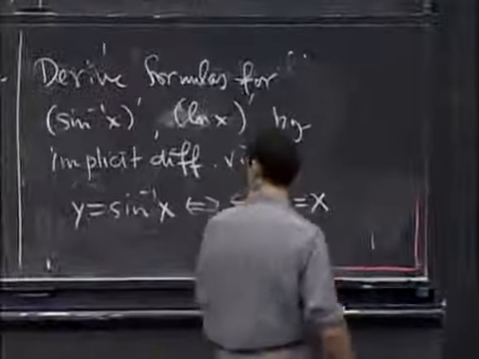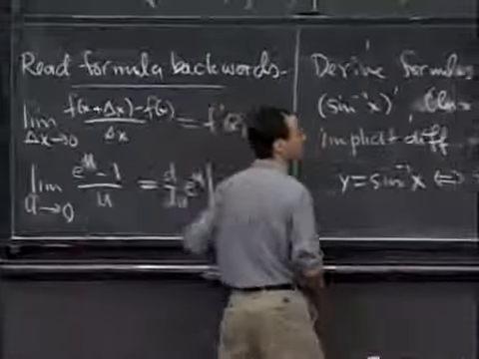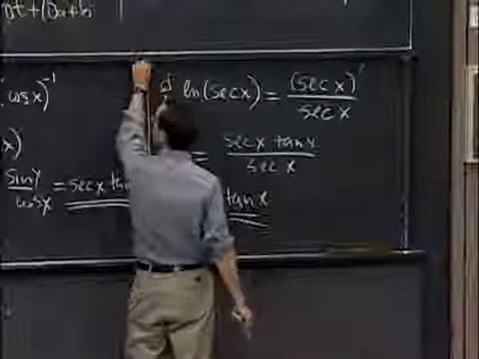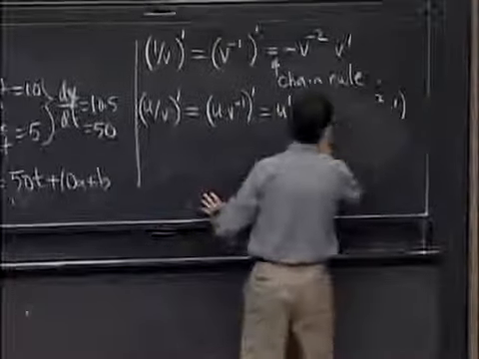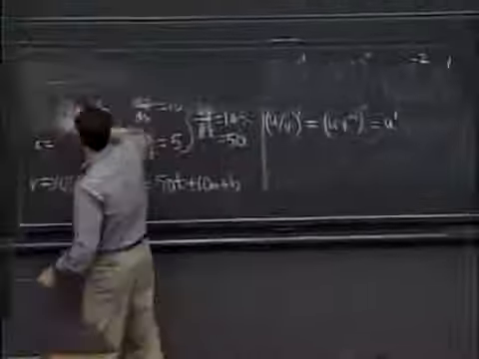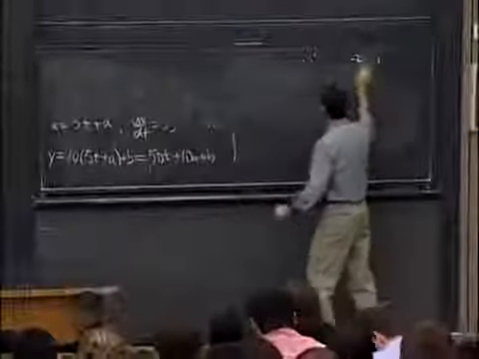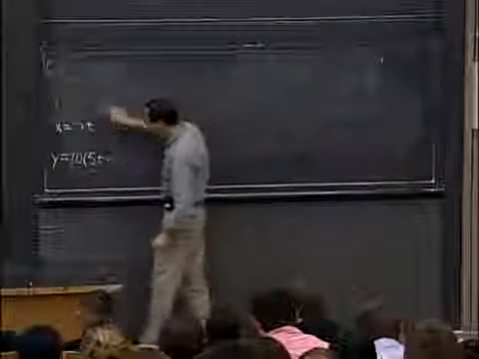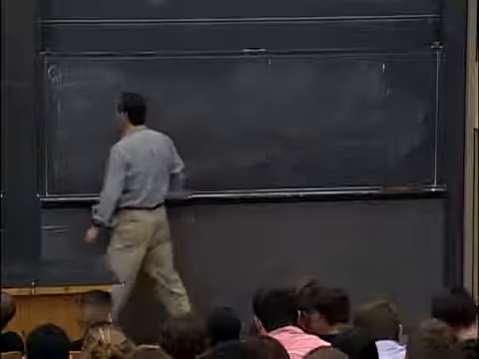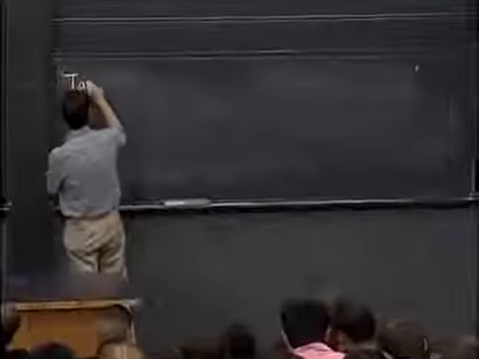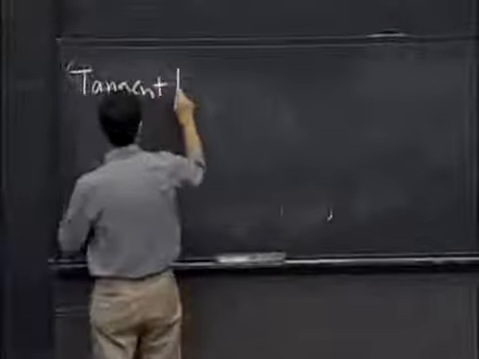And then there's one last type of problem that you'll face, and it's the other thing I claim that we discussed. And it goes all the way back to the first lecture. So the last thing that we'll be talking about is tangent lines.